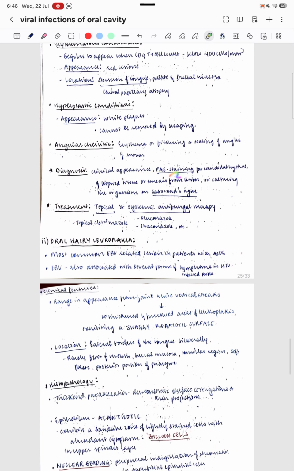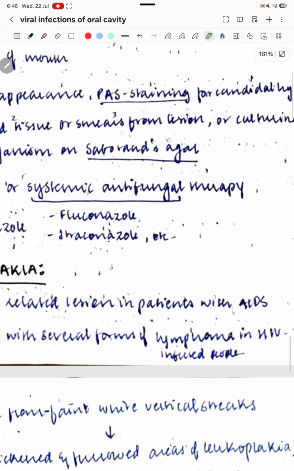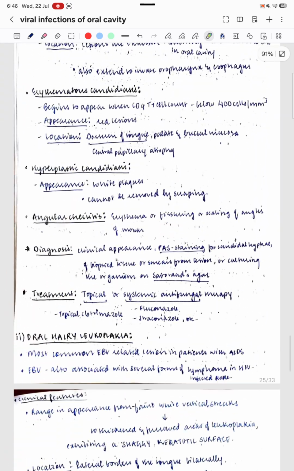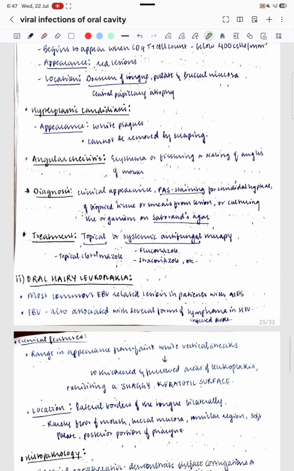Diagnosis is by PAS stain, which shows candidal hyphae, in biopsied tissue or smears from the lesion, or by culturing the organism on Sabouraud agar.